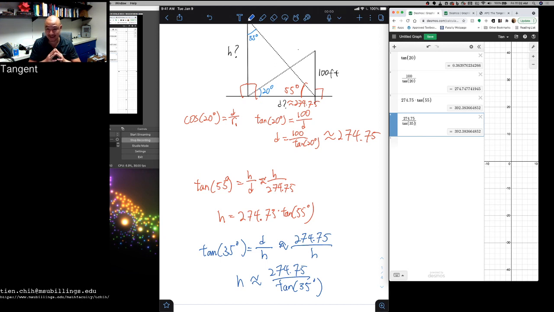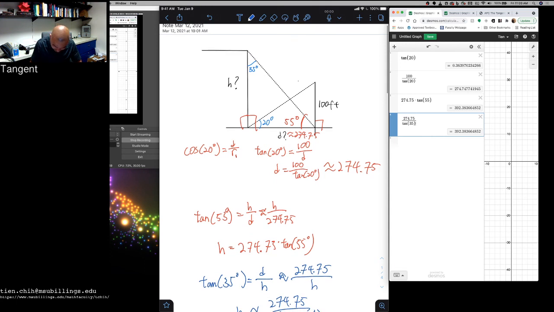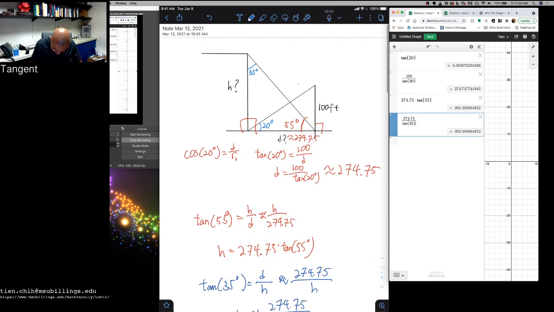Again, exactly the same thing, and of course it should be, because I'm not measuring two different cliffs. It's the same cliff, the same height, no matter how I measure it. So either way, the height is about 392.38 feet. We should note that this is feet as well.